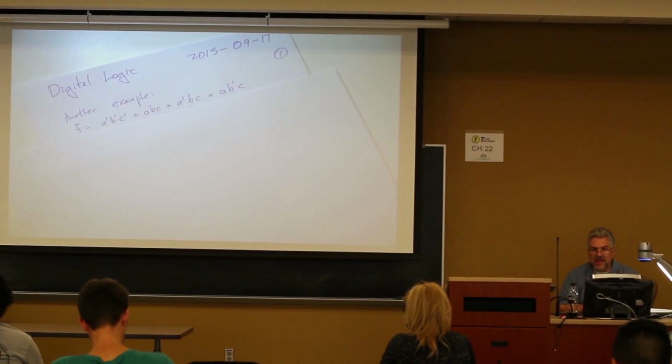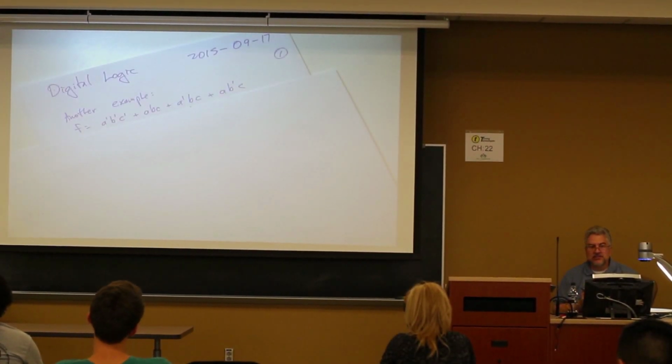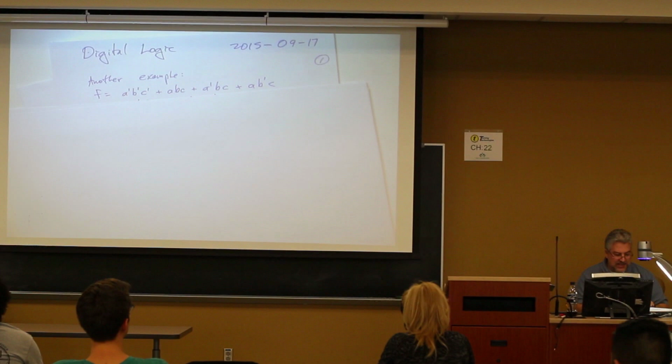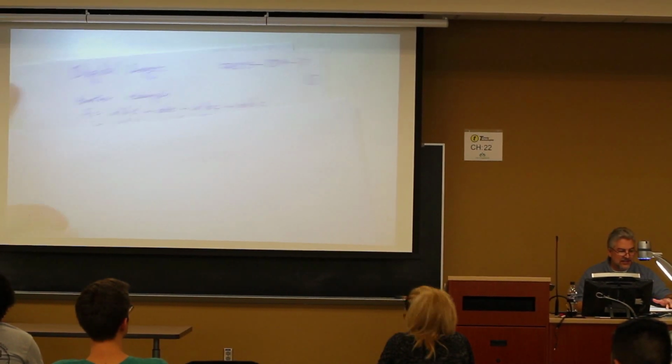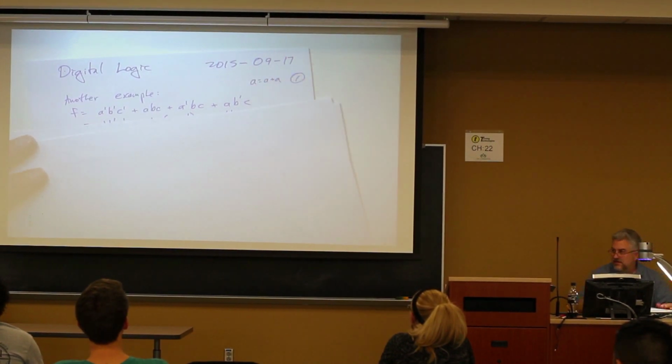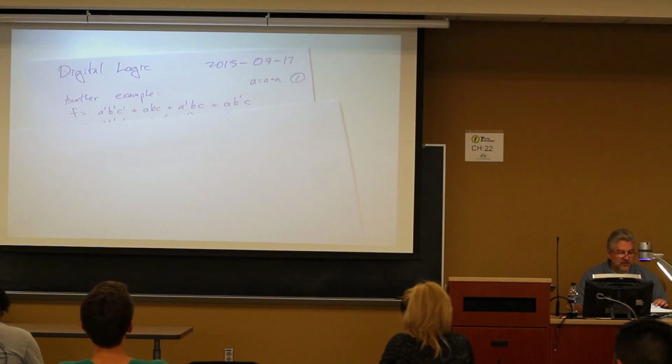Here we are, and there is a trick that I want you to realize. Remember, there was a specific identity that said A is equal to A or A. So one thing that you could do to make this really easy is to duplicate something.